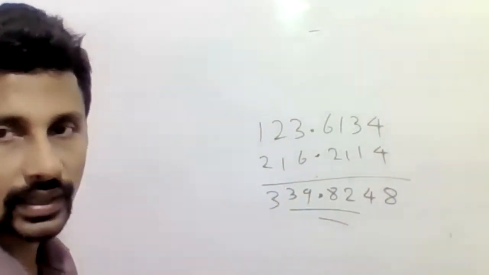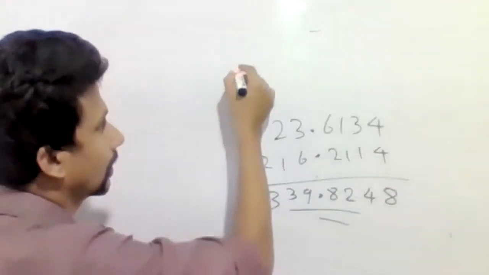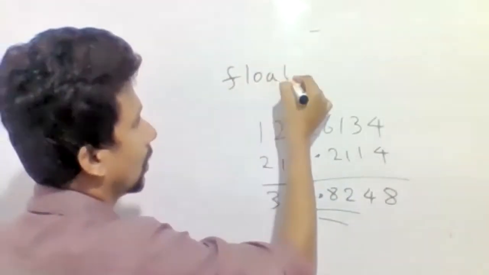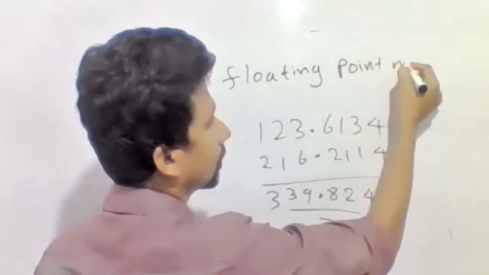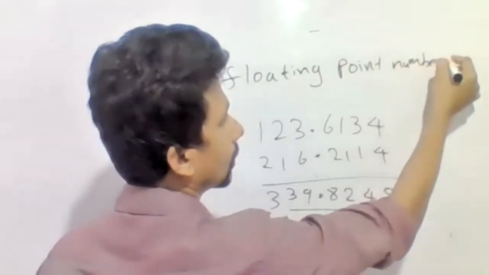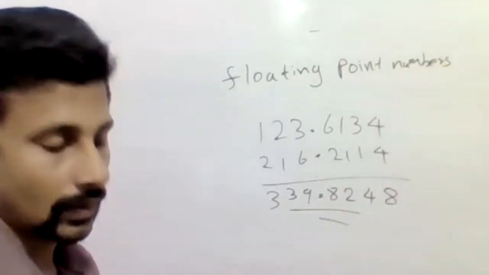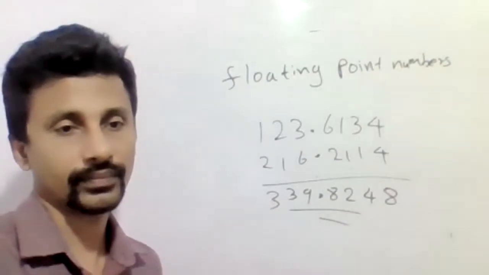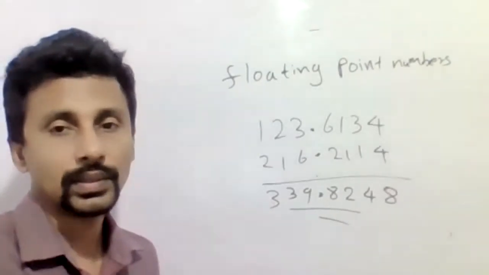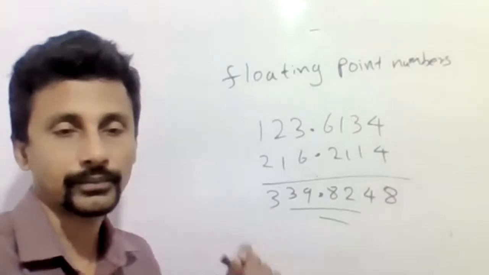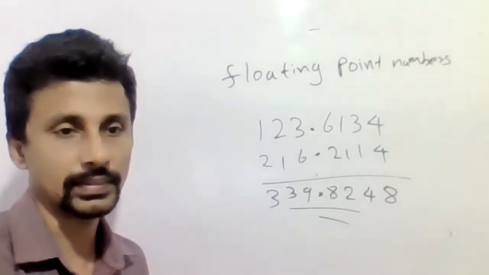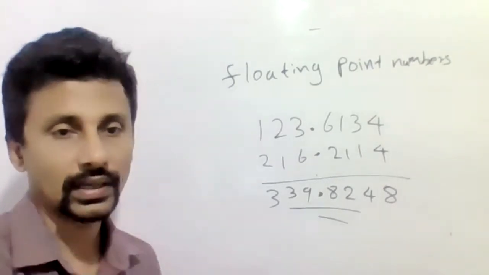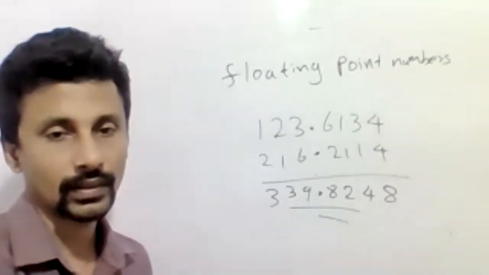Then write down the next topic, floating point numbers. This is a bit confusing part, so concentrate on this one. First we'll write down the description.